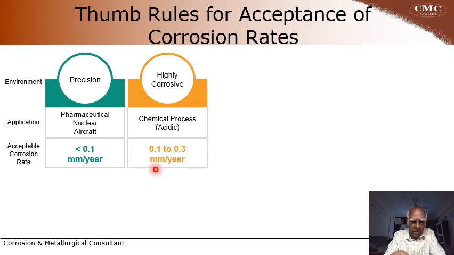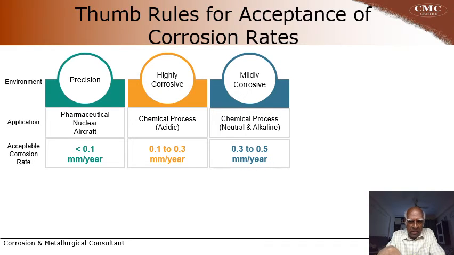The next range, 0.1 to 0.3 mm per year, you can tolerate in highly corrosive chemical processes like acidic and other solutions. Mildly corrosive, 0.3 to 0.5 mm, you can tolerate in chemical processes with neutral and alkaline solutions, which is less corrosive than the previous one.